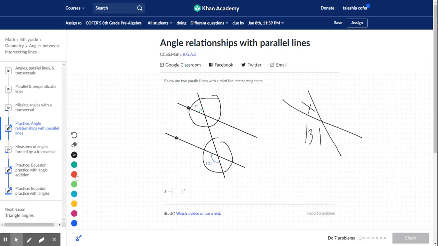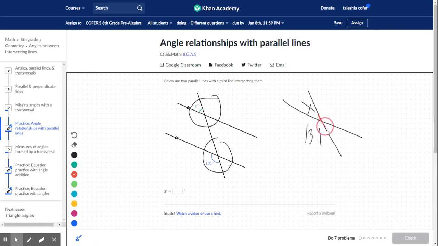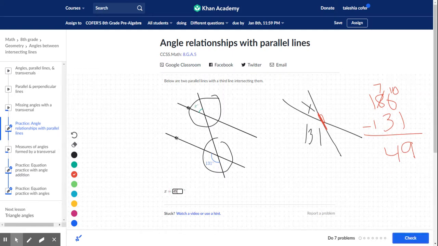These two come together to form a straight line. Because they're a straight line, they have to equal 180. 180 minus 131. I can't do 0 minus 1, so I borrow. This becomes a 7. Now I have 10 minus 1, which gives me a 9, and 7 minus 3 gives me a 4. So I know that the missing piece is 49.